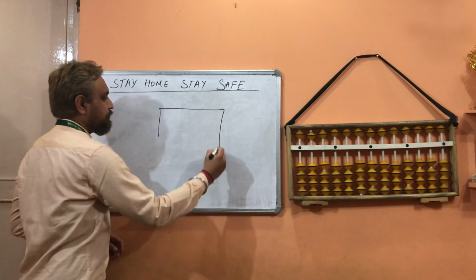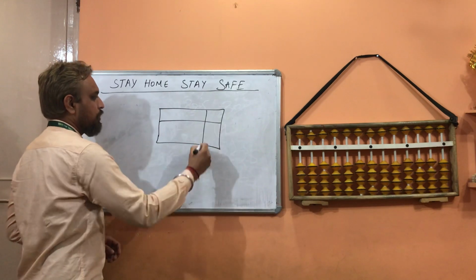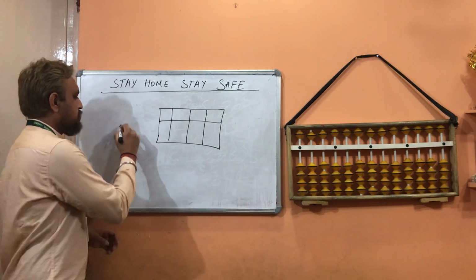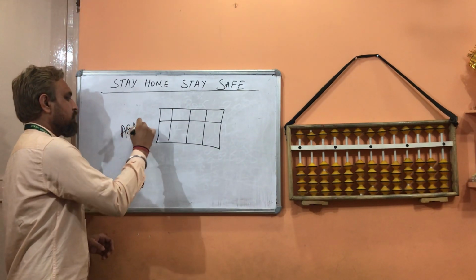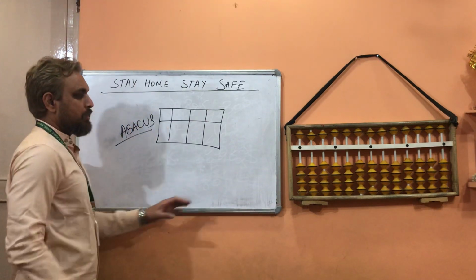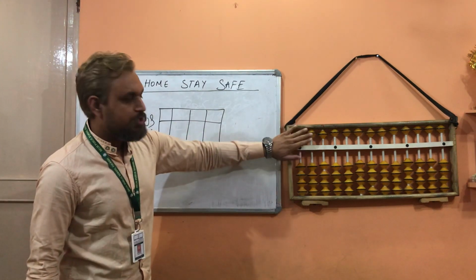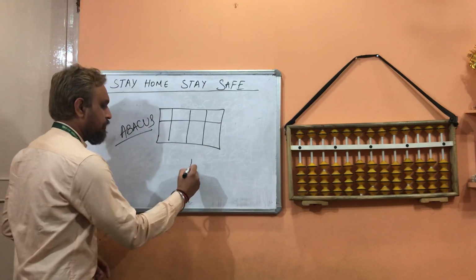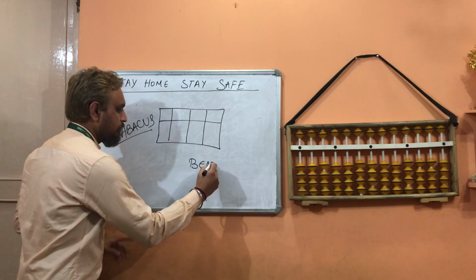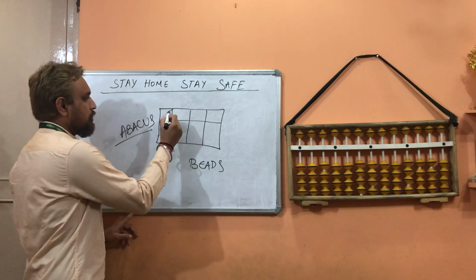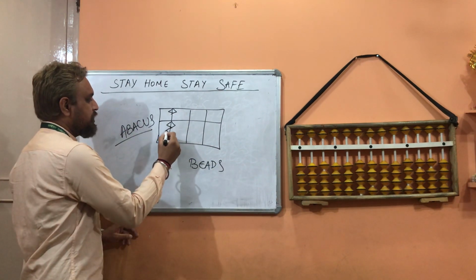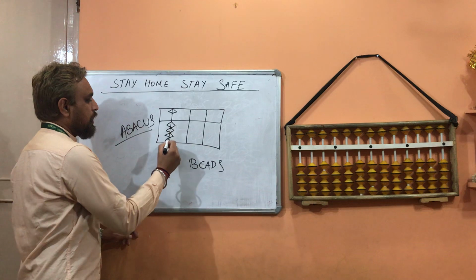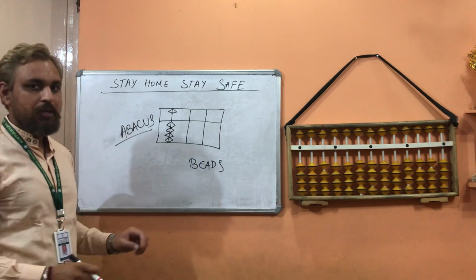Abacus is a tool. So this is Abacus, and if you could see, there are yellow beads here. So I am drawing a few beads so that we can count the values on the beads.